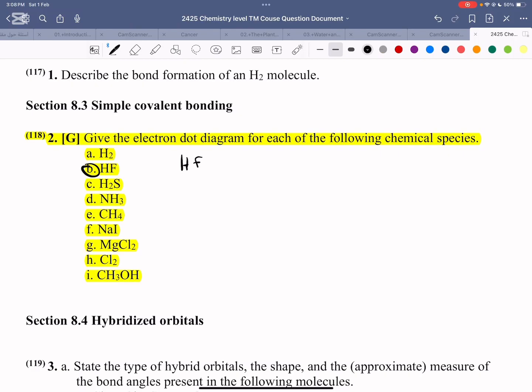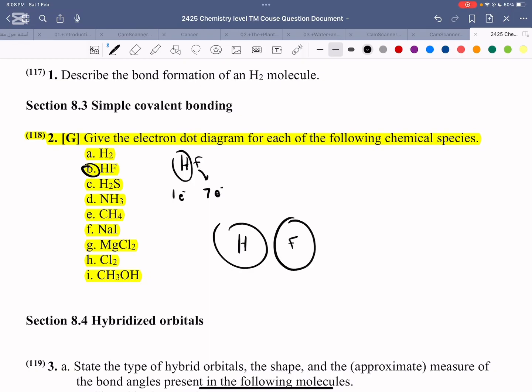Okay, so hydrogen has one electron. Fluorine, since it's in group 7, has 7 valence electrons. So I'm going to draw hydrogen with a circle around it and fluorine with a circle around it.